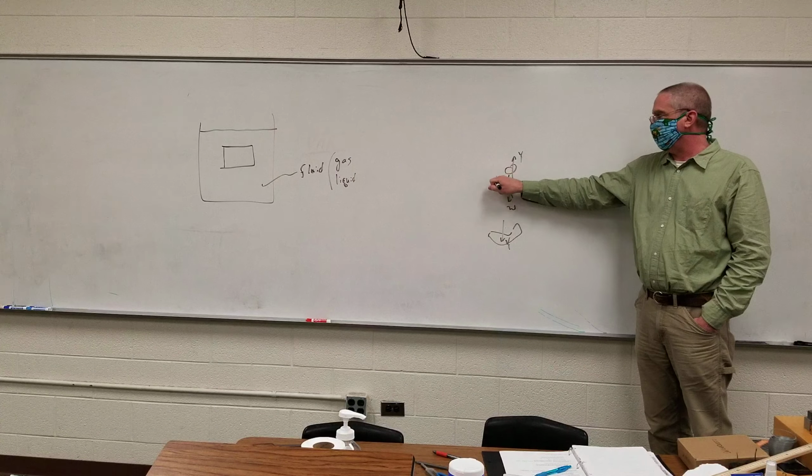relates to another thing called density. So density, this is the letter rho, R-H-O. It's the symbol for density. Some textbooks use just the letter D, but rho is what I see more often. That's mass divided by the volume.